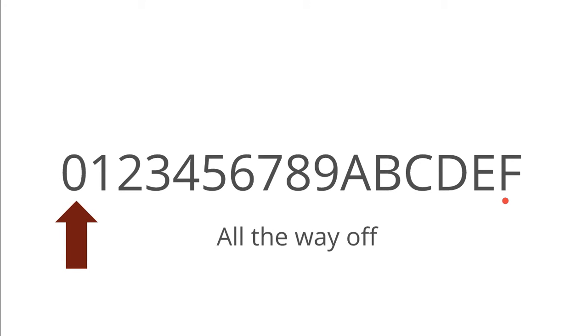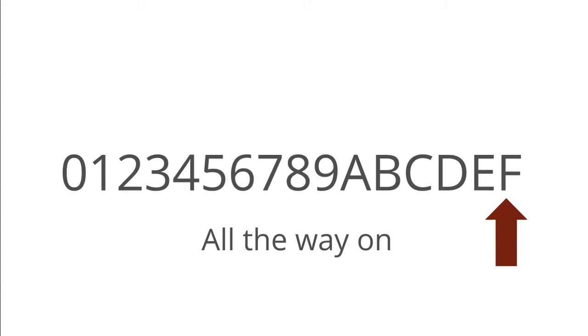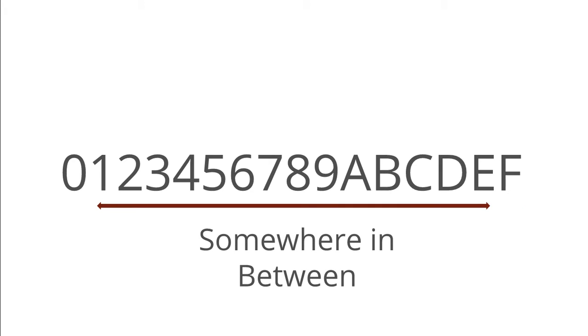And you might see numbers or letters in there, 0 through 9, and then A through F. 0 means that color digit is turned all the way off. F means that color digit's turned all the way on. And of course, somewhere in between.